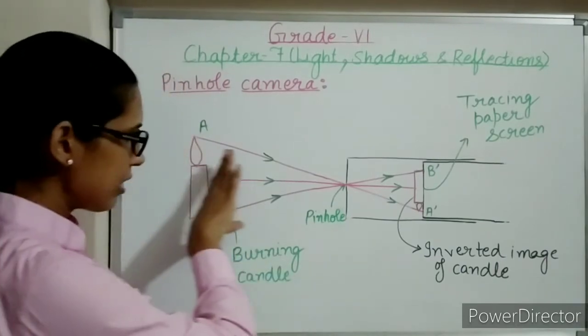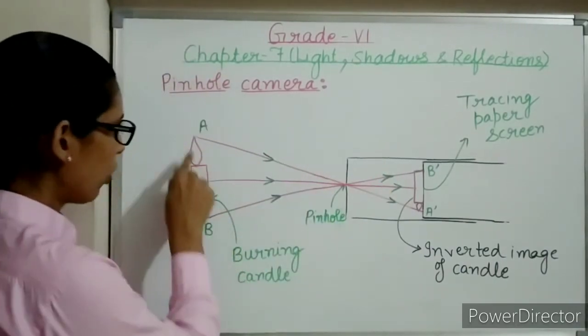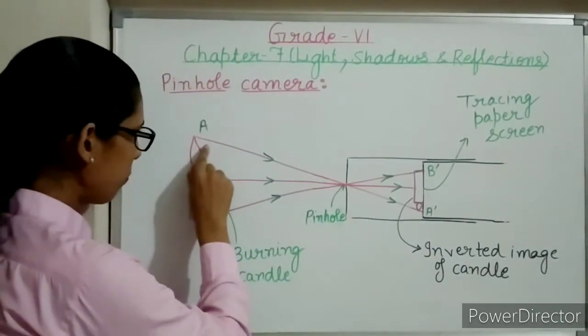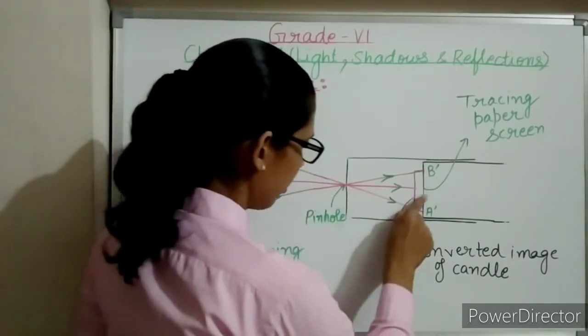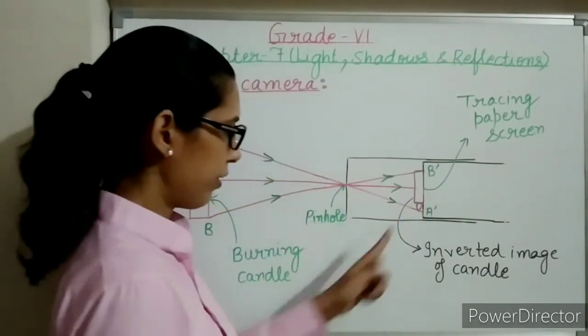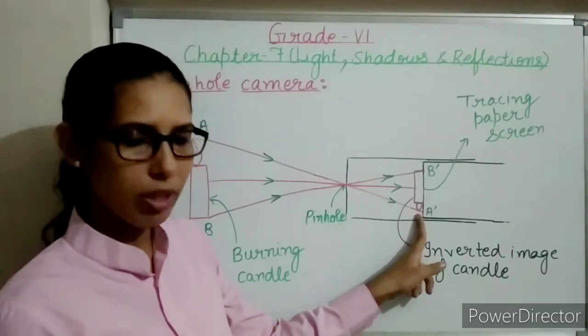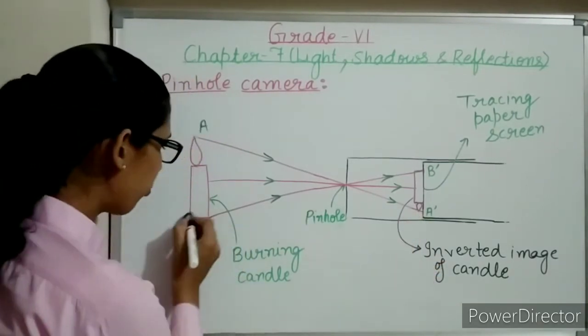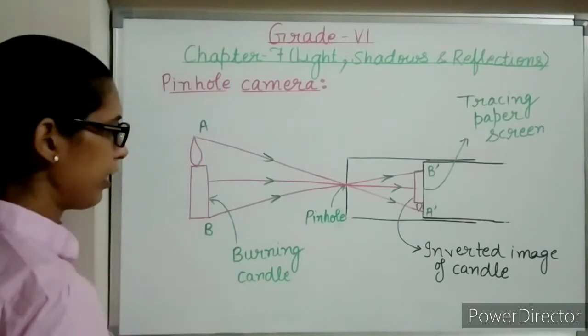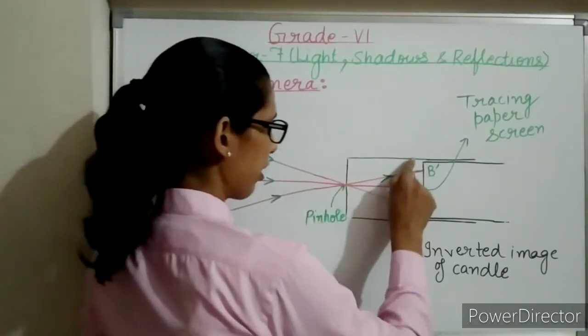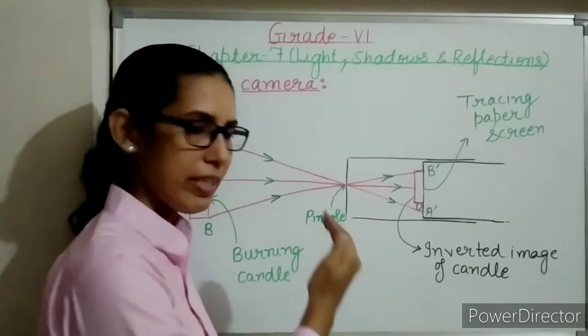Okay, so here you can see that the upper part of the object is appearing on the bottom part of this tracing paper. And the bottom part of the object is appearing at the top part of the tracing paper.